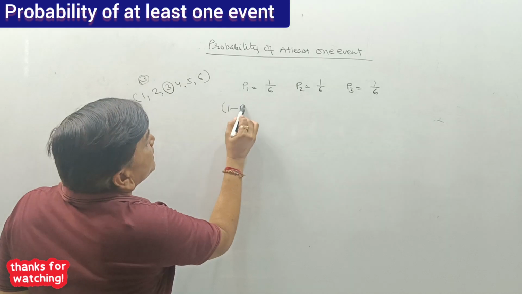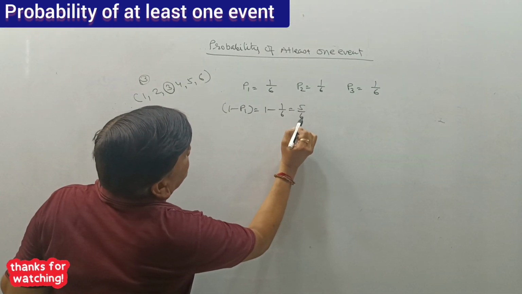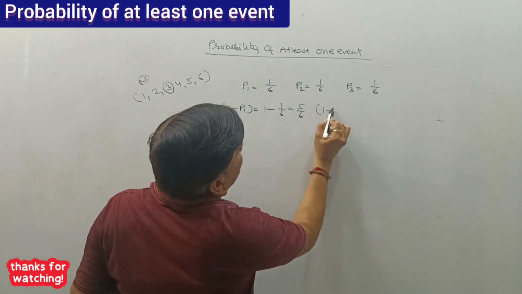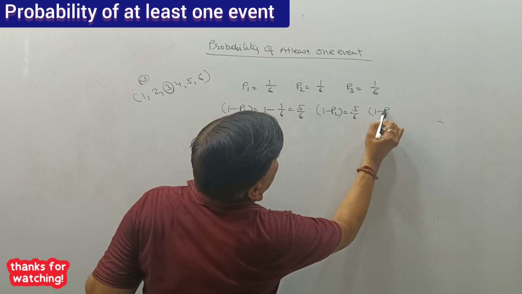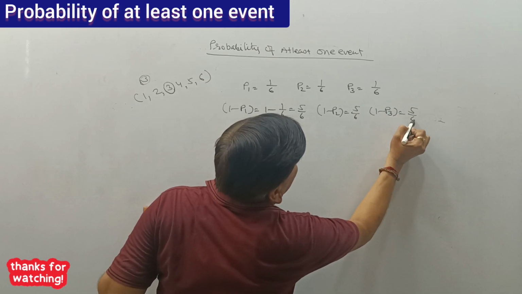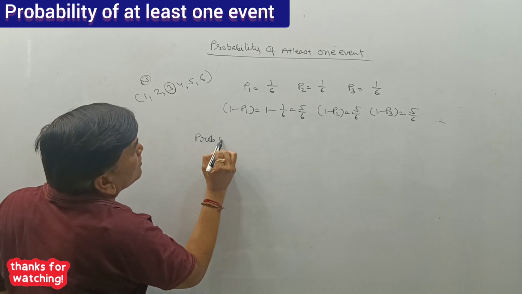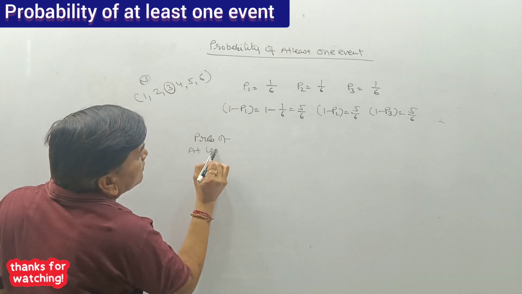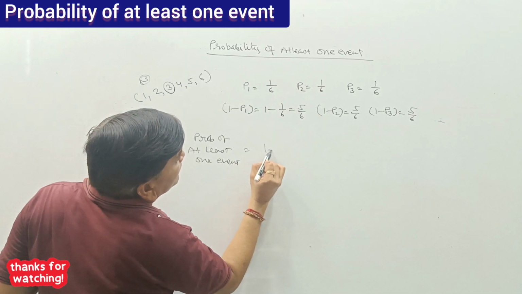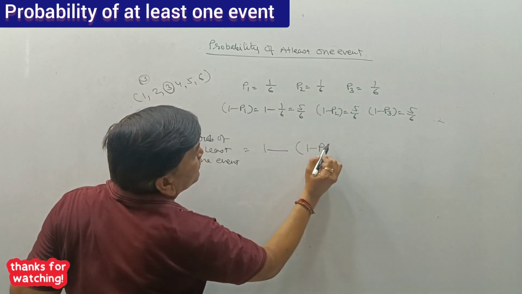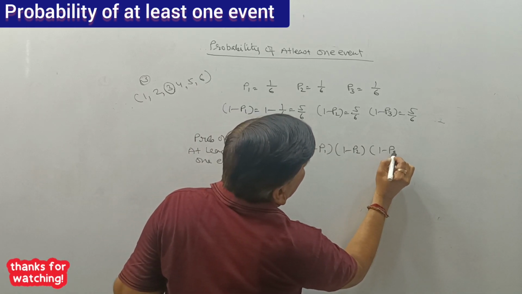Probability of not getting 3, that is 1 minus 1 by 6, that is 5 by 6. Here also 1 minus P2, that will be 5 by 6, and here also 1 minus P3, that will be 5 by 6. So the probability of at least one event, that is 1 minus probability of first, 1 minus probability of second, 1 minus probability of third.